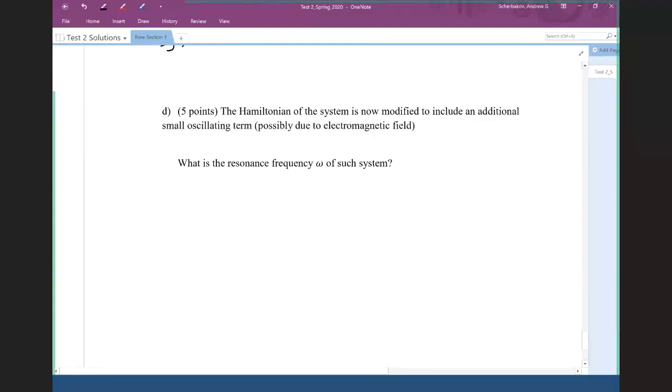Look, we know that if you measure the energy of the particle for this Hamiltonian, that is before you added the time-dependent oscillating term, you will end up with either 3E0 or E0.